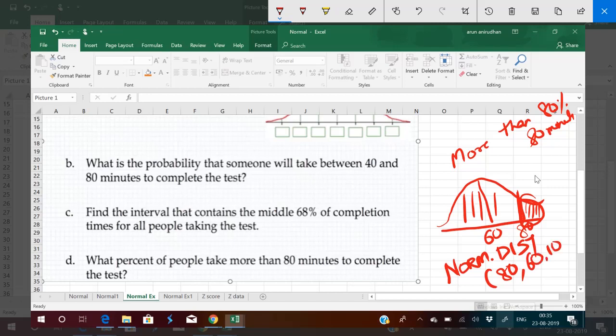Then next is standard deviation, comma, whether it is a cumulative function. So cumulative is true. Cumulative false means you will get the value at that point, and that's not what we want. We want less than 80. Okay, so we'll see how it is done using this formula in Excel directly.